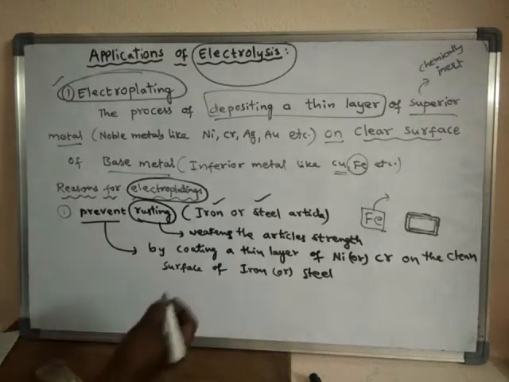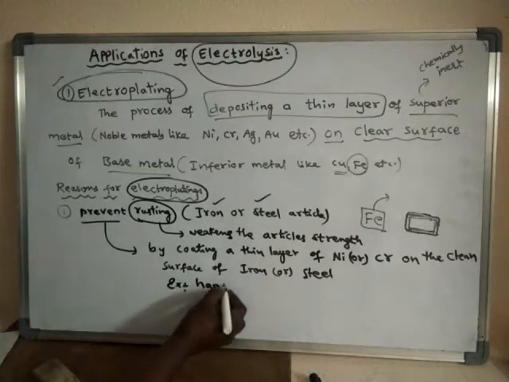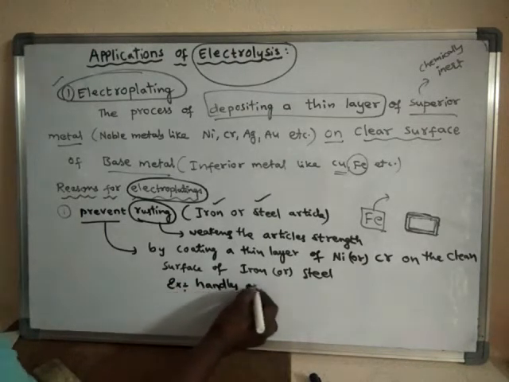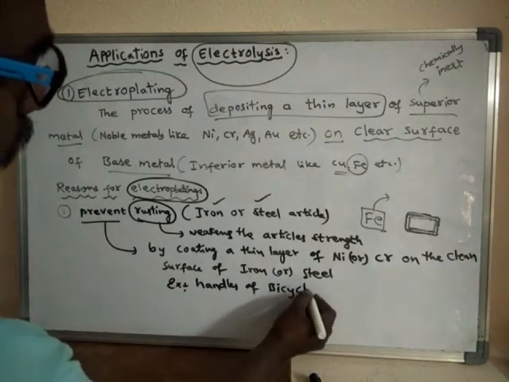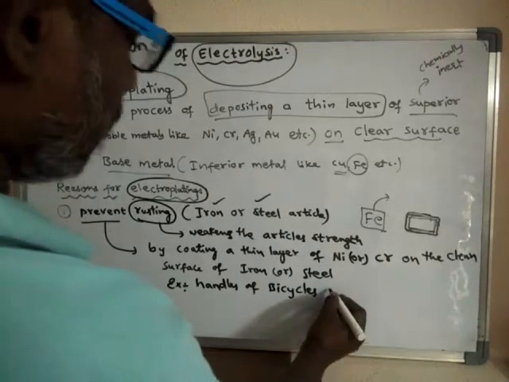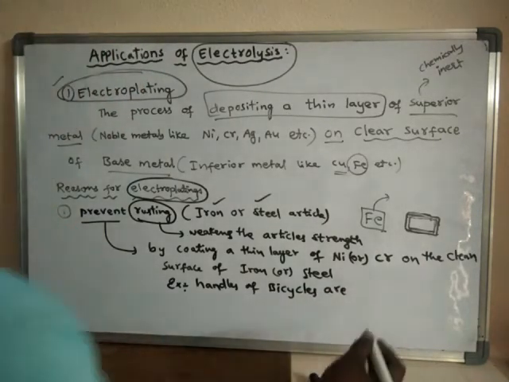For example, handles of bicycles are coated with chromium.